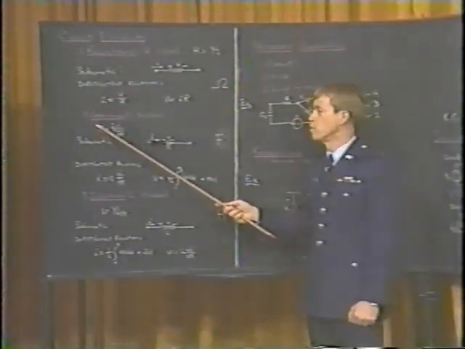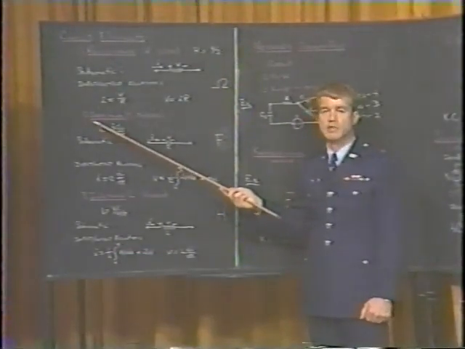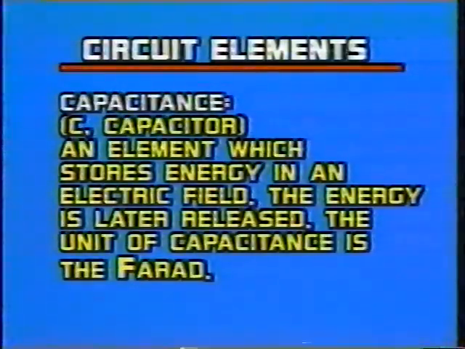The second element we want to consider is that of the capacitor, where the resistor is the only element that will dissipate energy. Both the capacitor and the inductor store energy. The capacitor stores energy in its electric field. This is the Ohm's law relationship for a capacitor.